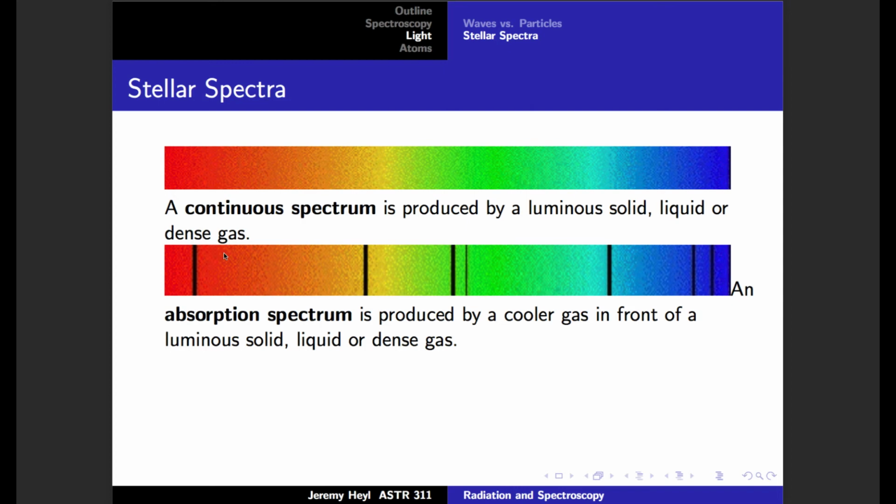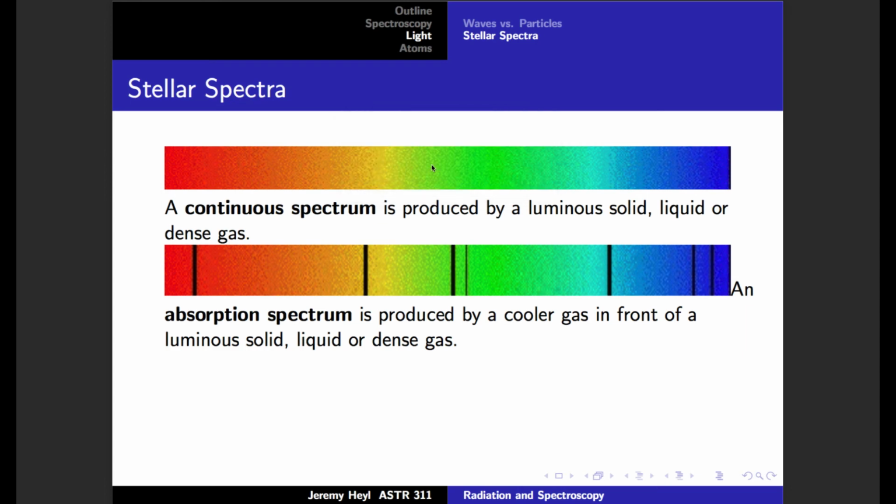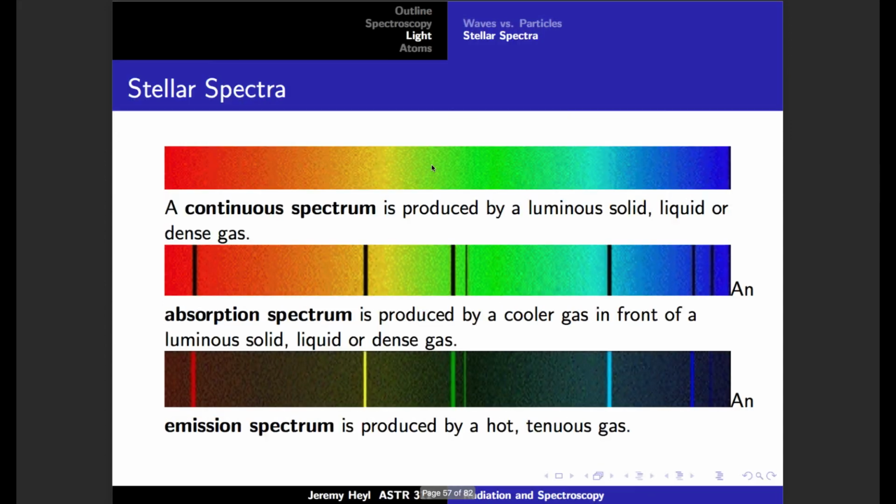There are certain energies, depending on the material, that the gas will absorb much more easily. And these particular places are called absorption lines. And they depend on what the material is made out of.